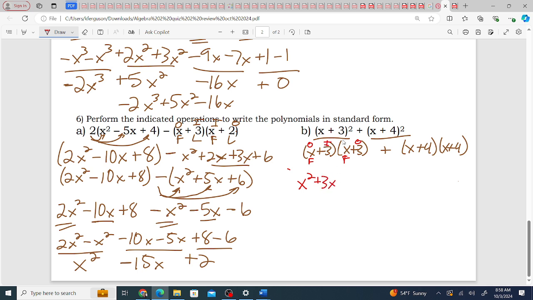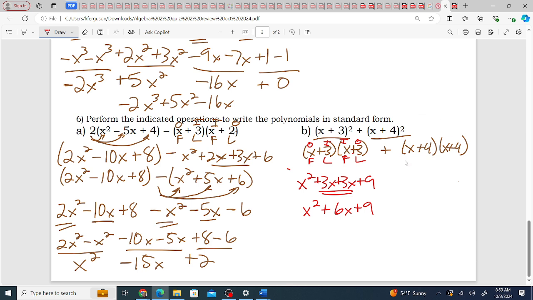Then my inner terms are 3 times x, so that's plus 3x. And then my last terms are 3 and 3, that's plus 3 times plus 3, that's 9. So notice that my middle terms, they're like terms, so I can combine them. 3x plus 3x is 6x. Like I said, I just know that from practicing this stuff a bunch of times.